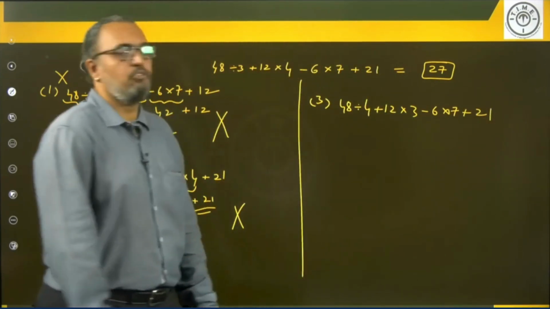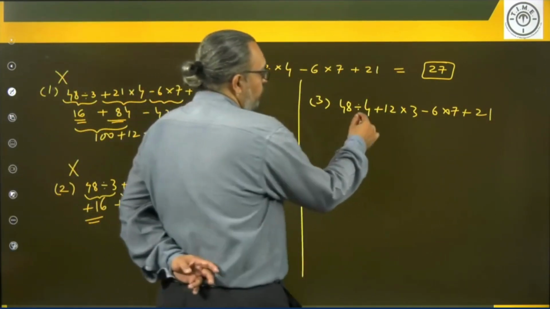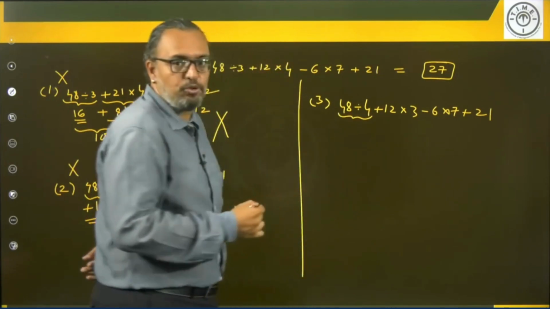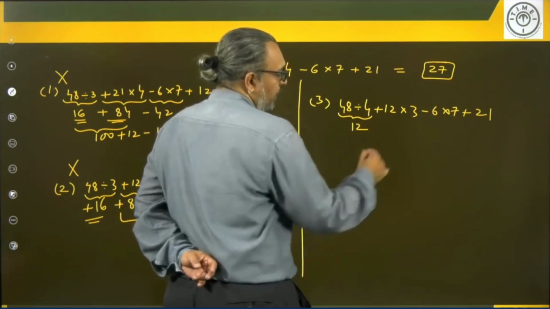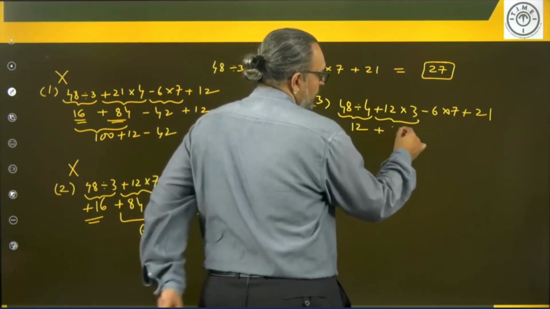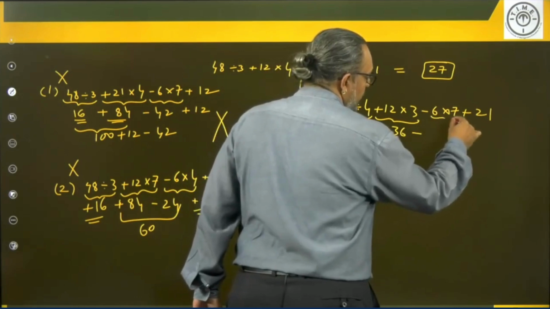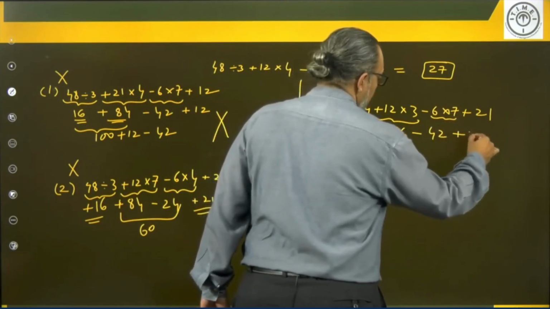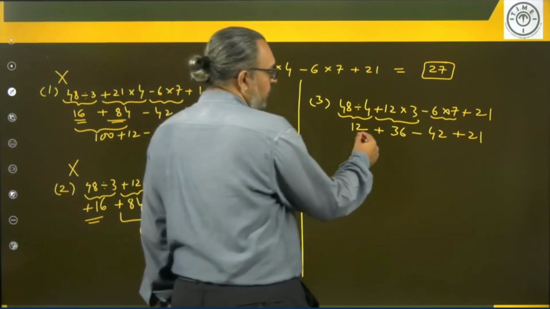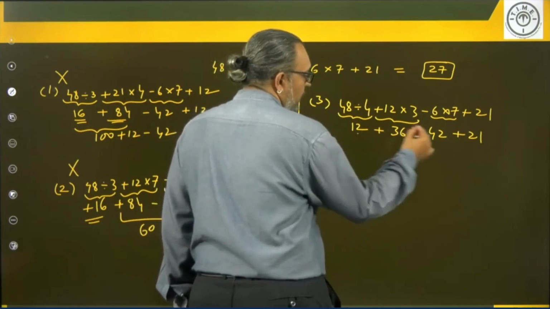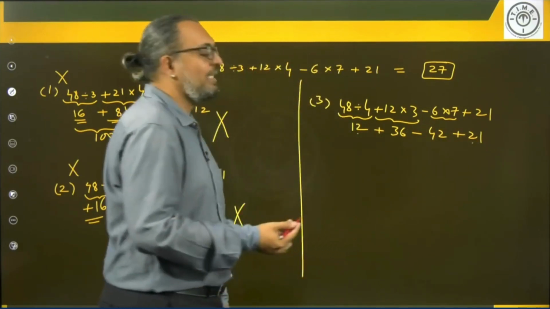Now let us see this. Will I get 27? Now, here 48 divided by 4, that is the first thing we have to do. So, how much is that? You will get 12. And then this is plus 36 minus 42 plus 21. So, we add everything now. So, this is 12 and 21, you add, you will get 33.